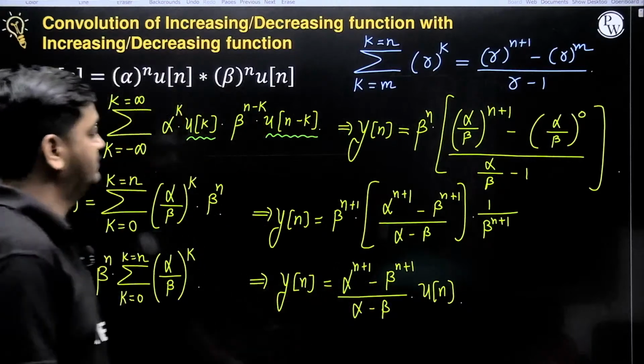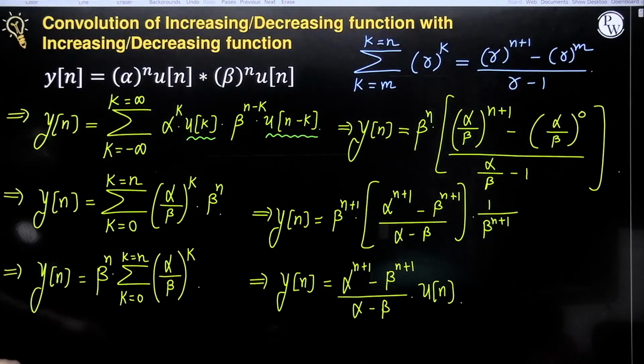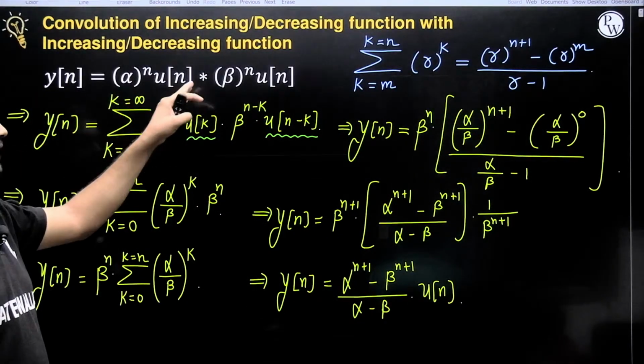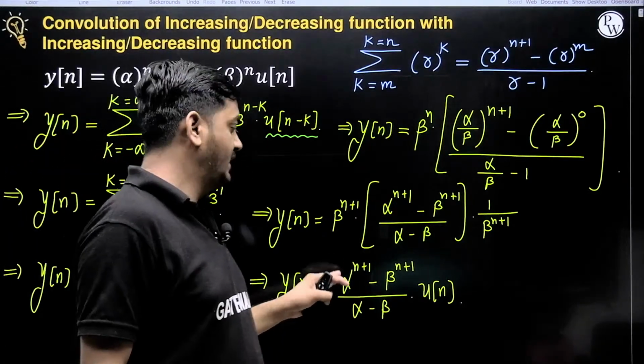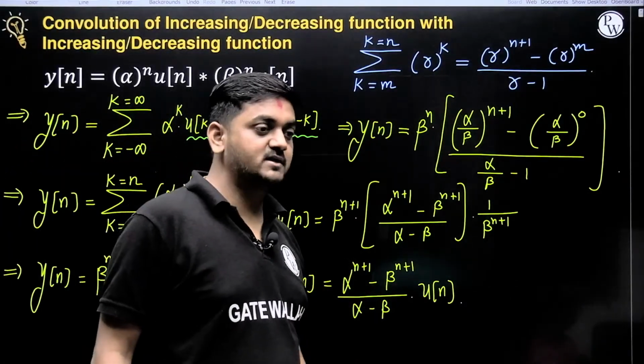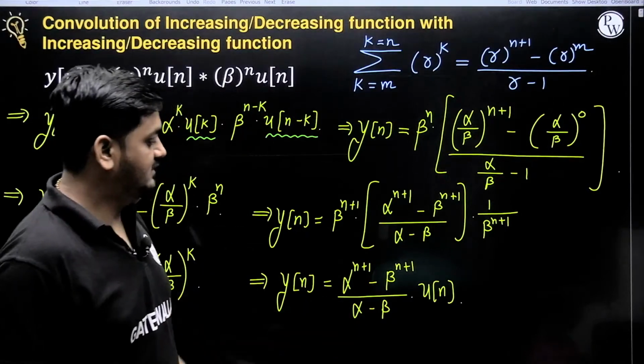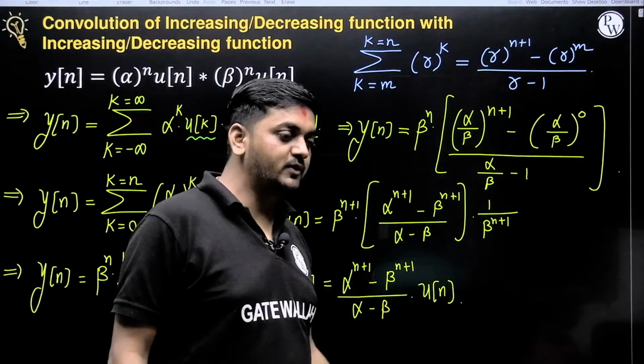This is a very important result. With us, alpha power n u of n convolution beta power n u of n will be alpha power n plus 1 minus beta power n plus 1 upon alpha minus beta into u of n.